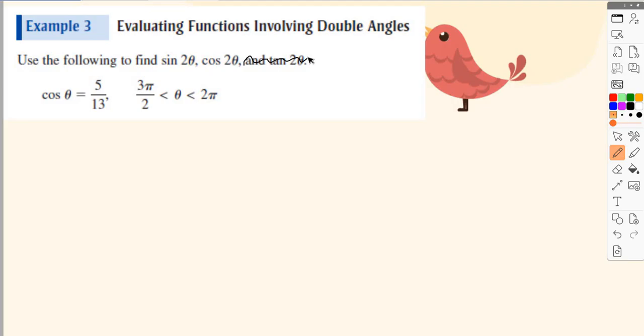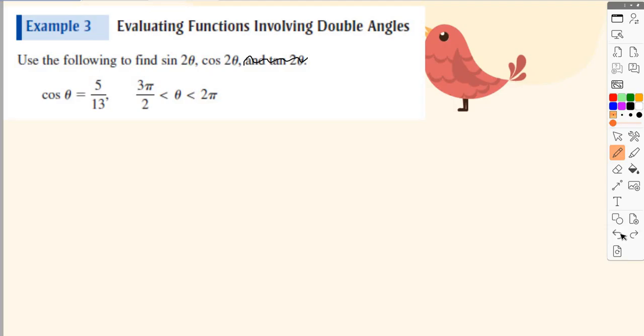Except that would be if I had 2 cosine of theta. That would be me just multiplying the fraction by 2. I want to multiply the angle by 2, which is not the same thing as just multiplying my fraction by 2.